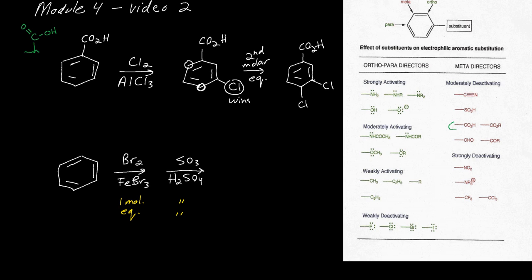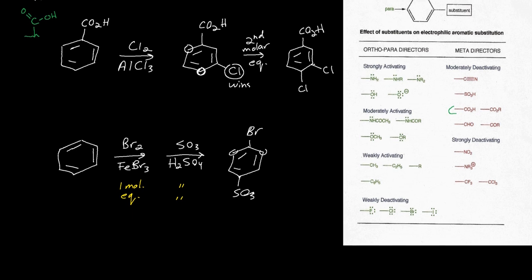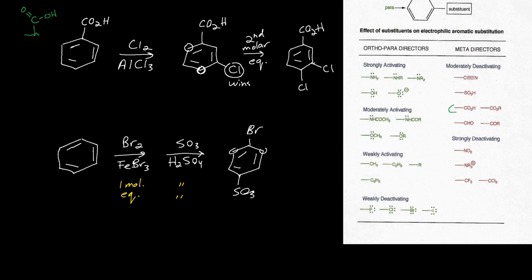So this is an easy one. You'll have the bromine and then a para sulfate, most likely. Maybe some ortho sulfates being produced, but I think para is probably better. Both would be acceptable answers, though, according to the chart.